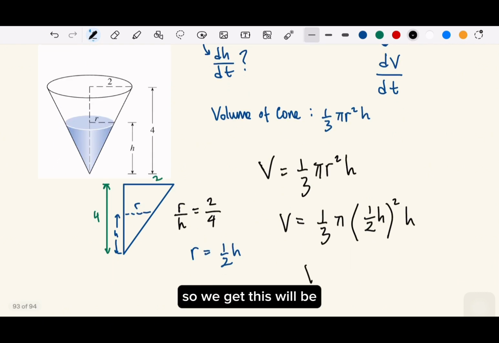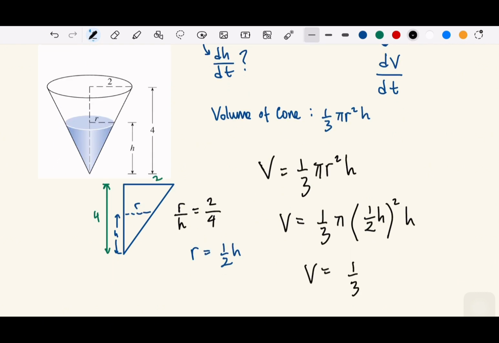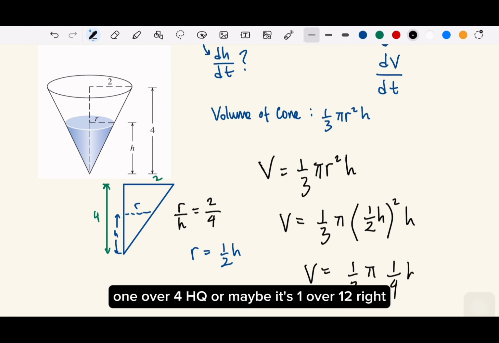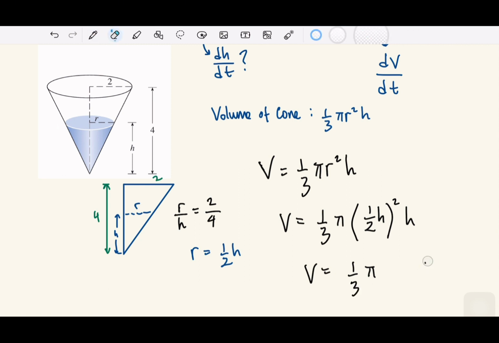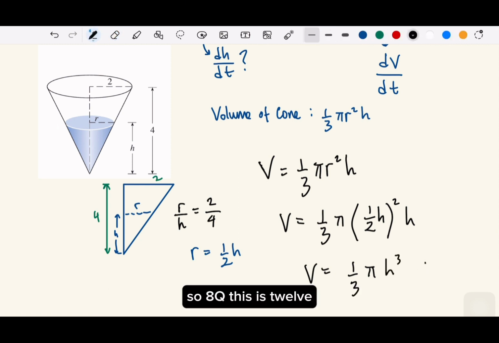We get 1/4 H cubed, or maybe it's 1/12, so H cubed over 12.